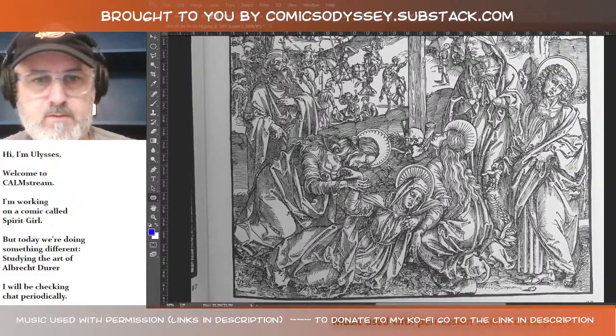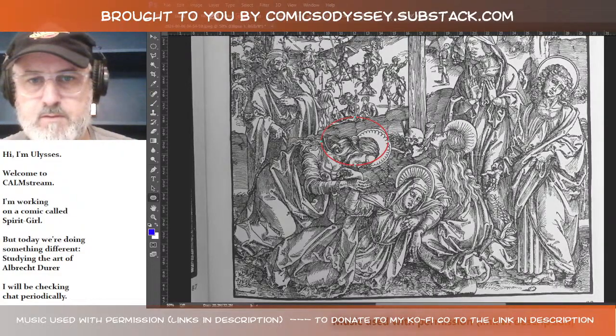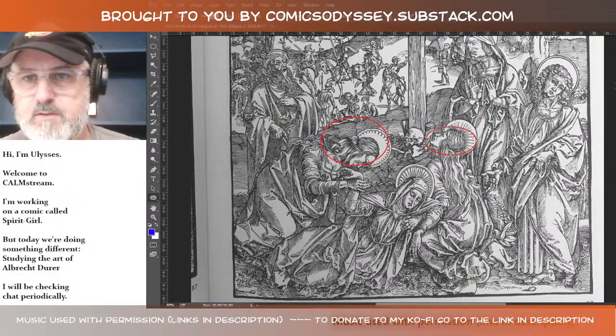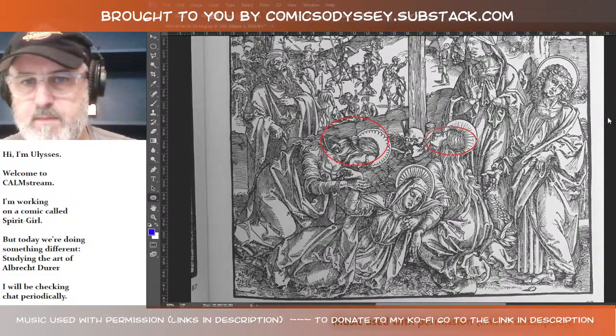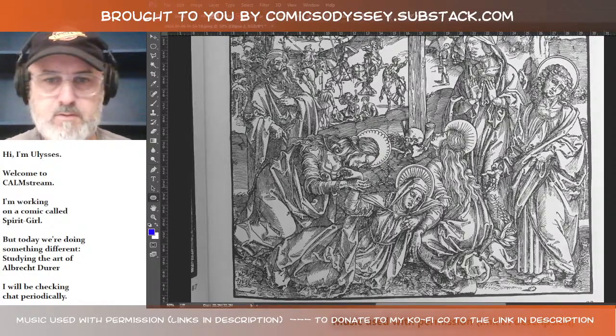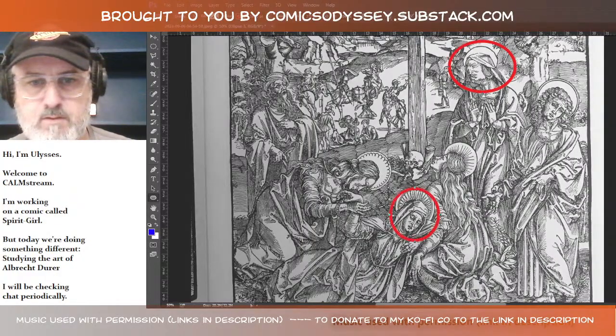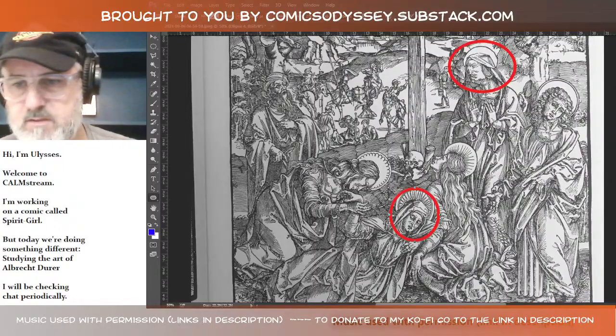What if I do this? There we go. This one, this one. We know they're not married because they're not wearing a cloak. But this character, or this character, no, it's not a cloak. What is it? Is it a veil? What's the name?